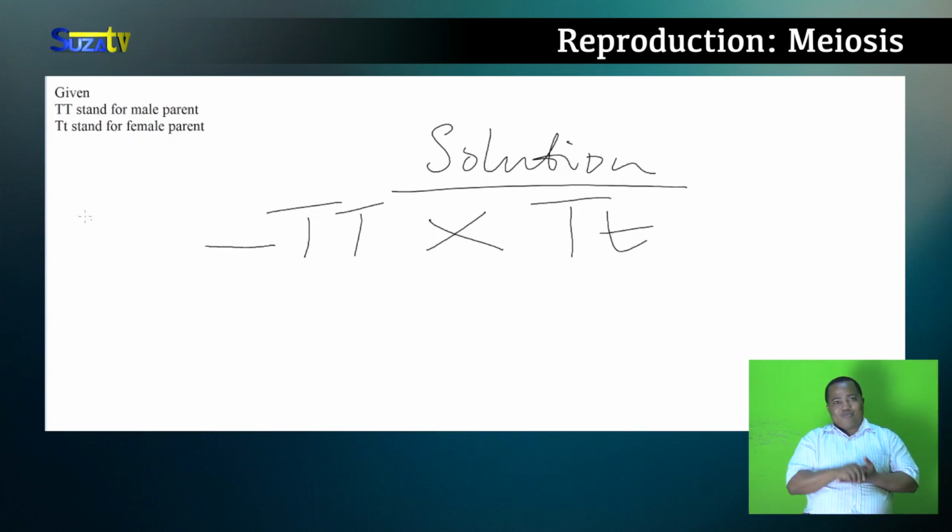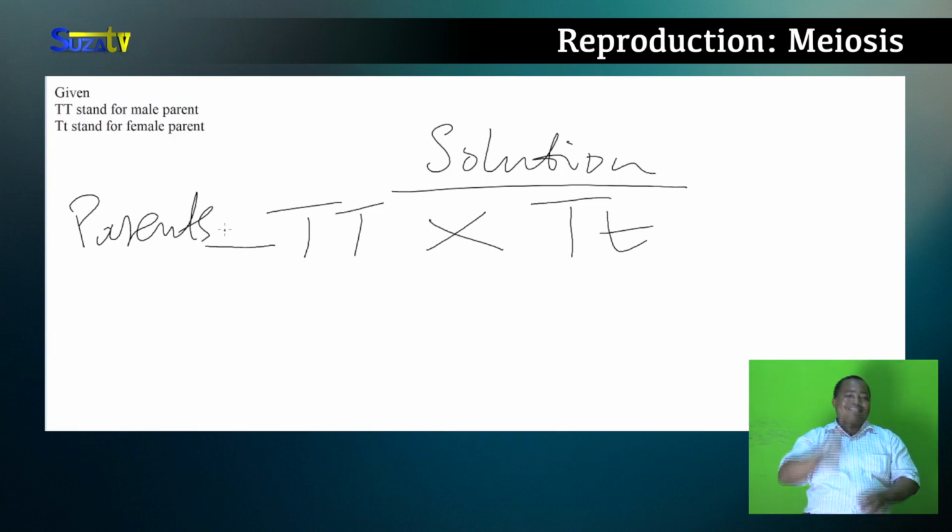This represents the parents. If this is the male parent and this is the female parent, within their body there are gonads, a special site where gametes are produced.